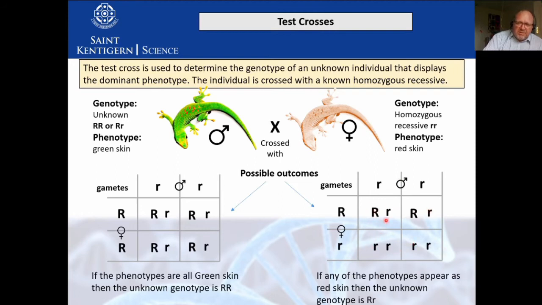There's a 2-to-2 or a 1-to-1 ratio, which makes it a 50% chance of them being either albino or green. And if you see any albinos pop up, you immediately know that your dominant trait is not homozygous dominant, but it is heterozygous dominant. Okay, very important, guys. Test crosses.